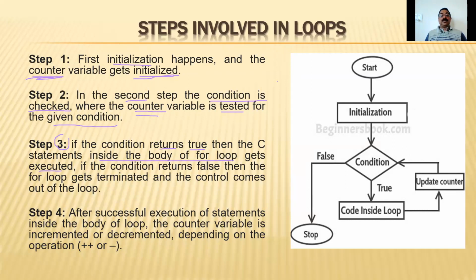If this condition returns false, then the for loop will be terminated. Terminated means the control will come out of the loop and go to the next statement. So that is step 3.